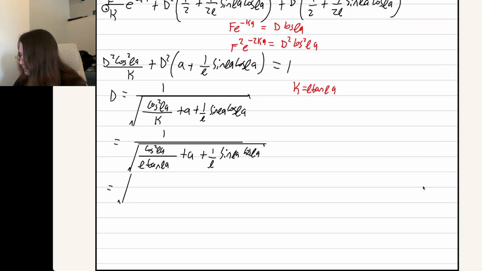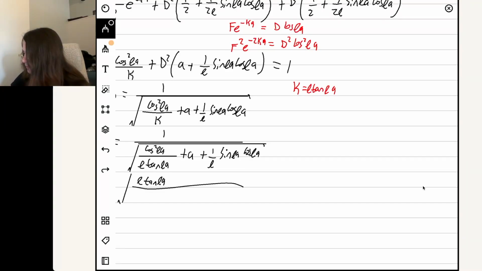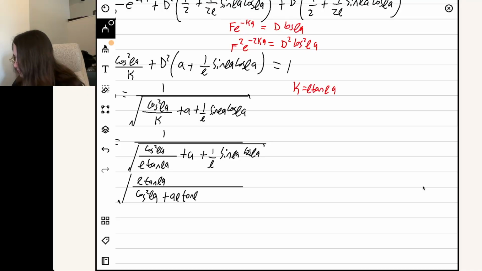So we got L tan La up here, but now this is, hello, garbage. We got cosine squared La down here plus a L tangent La. And then the L will cancel out the L, and then sine cosine over sine, it's sine squared, right? Because the cosines will cancel out and you end up with an additional factor of sine from the tangent.